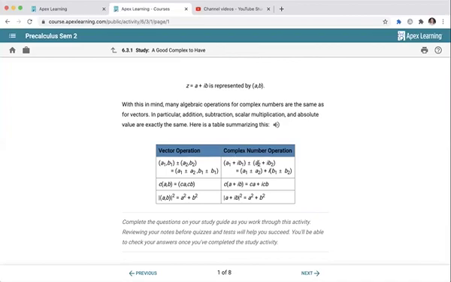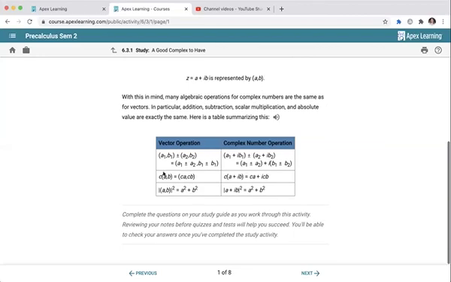So I'm gonna add my real parts, I'm gonna add my imaginary parts, and then when I write it, I just write it in the form A plus IB. All right, same thing here. If I have a constant out in front, again, I just distribute that constant out. Same principle here. So C gets distributed to both the real and the imaginary part.